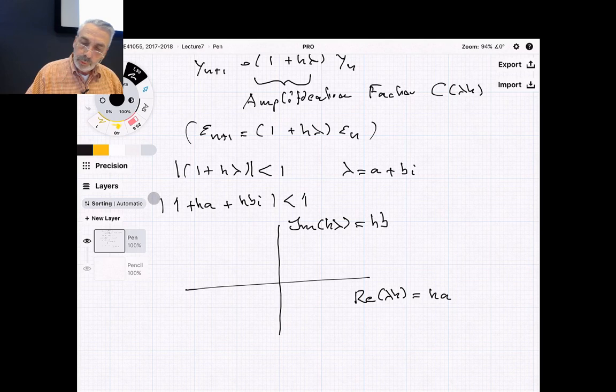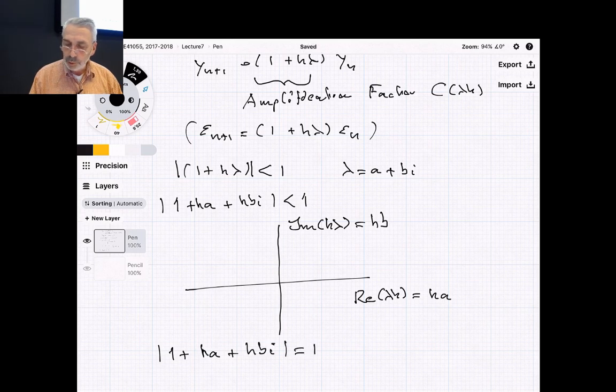And now we have to find this area, because it's an inequality. We first try to solve, of course, what is the boundary. So 1 plus ha plus hbi is equal to 1. That should be a curve somewhere in this plane. Any idea what the curve is?